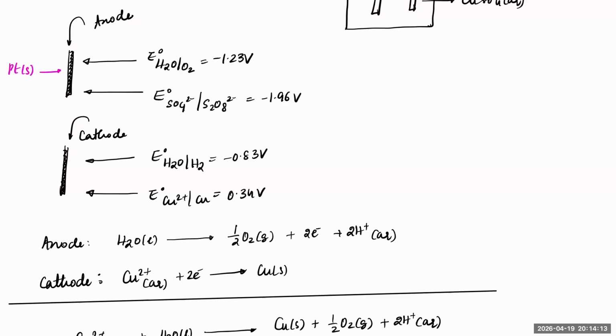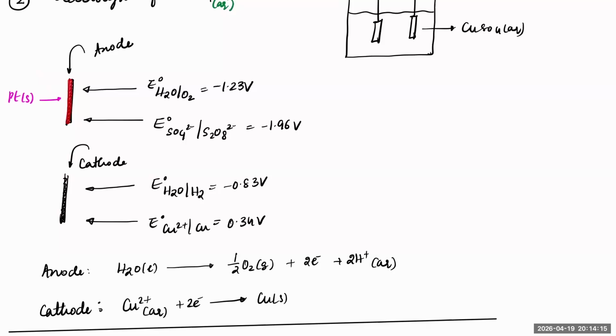Now notice on platinum electrode, if water is getting oxidized, this is the value we learned already. But if sulfate is competing with it, because that is the other ion competing, then sulfate will oxidize into peroxydisulfate, whose value is minus 1.96 volts.